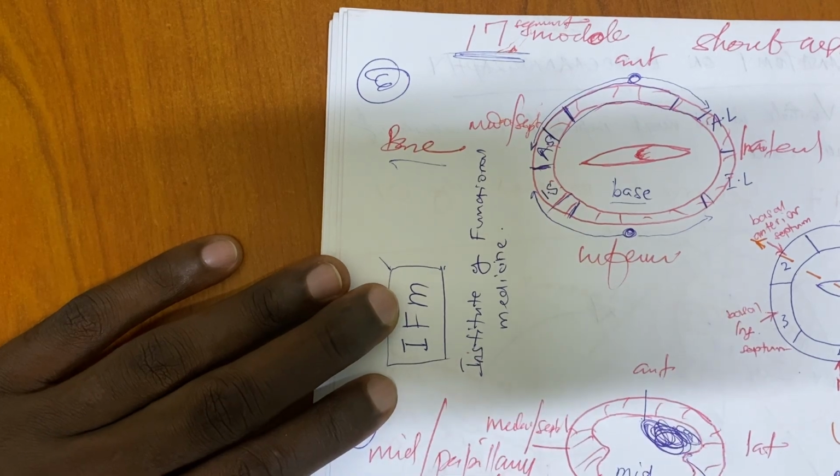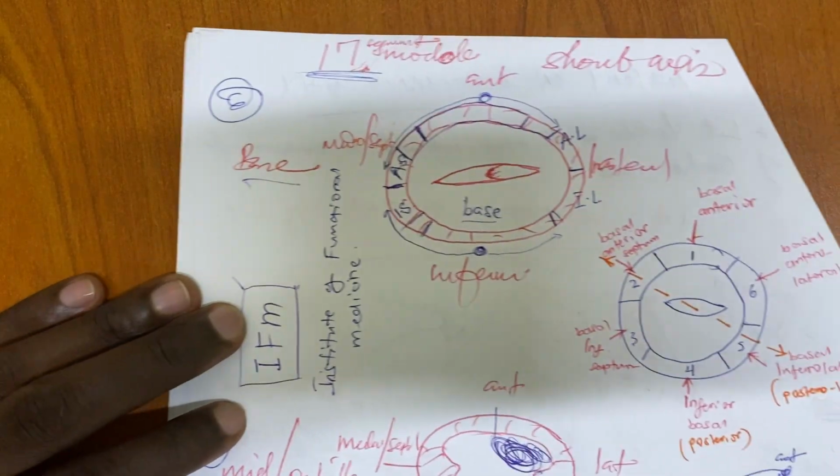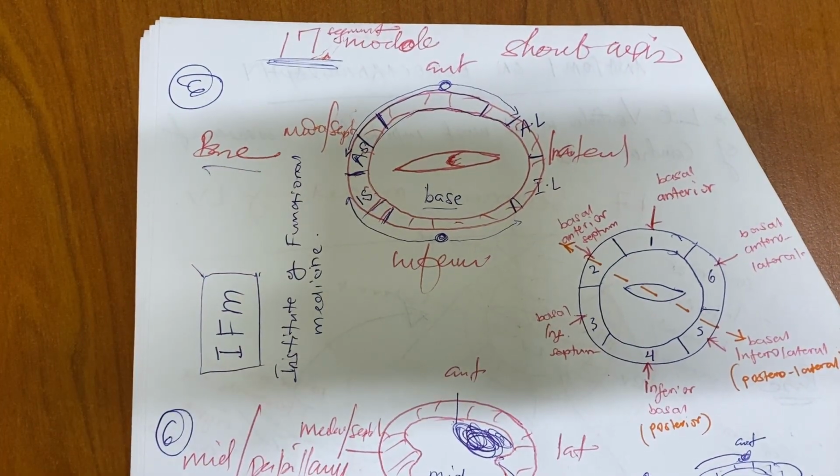All those divisions depend on coronary artery distribution. That's why we need to divide them into the 17 segments, to demarcate which area is supplied by which coronary artery, so that when you're doing echo and you see wall motion abnormality, you report it.